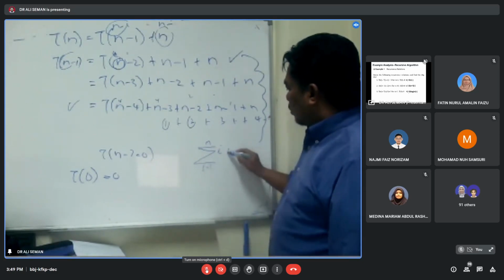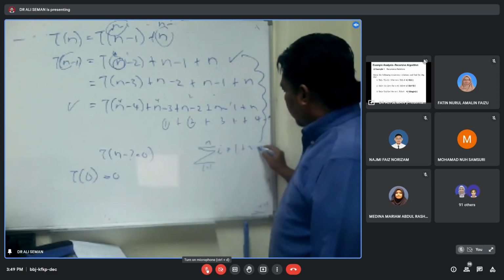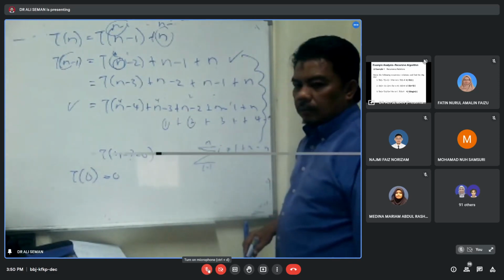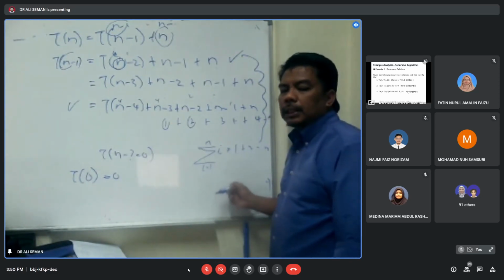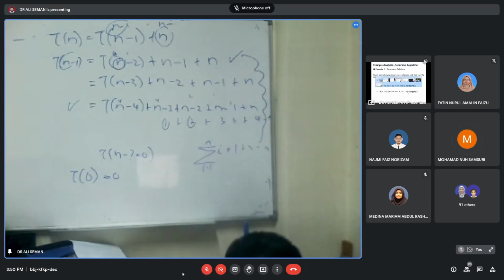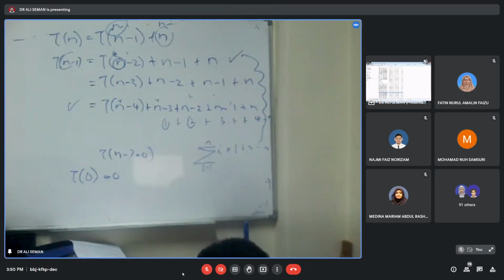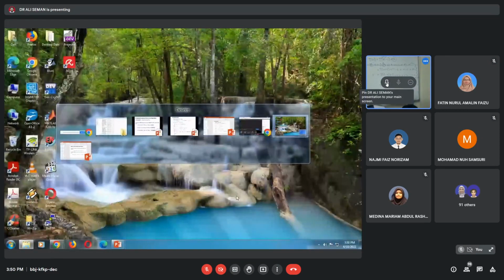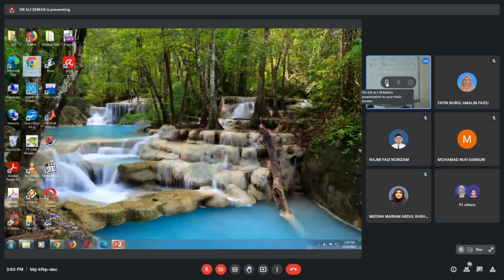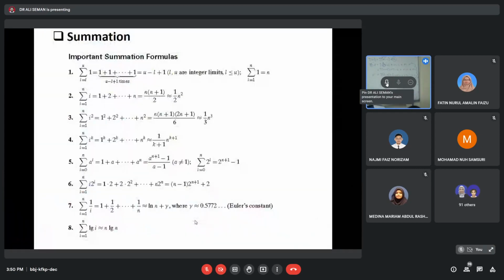1 sama dengan 1 plus 2 until the n. Summation formula number 2. Ni mana tadi? This pattern. Kan? i equal to 1 until n, i. So i plus 2.